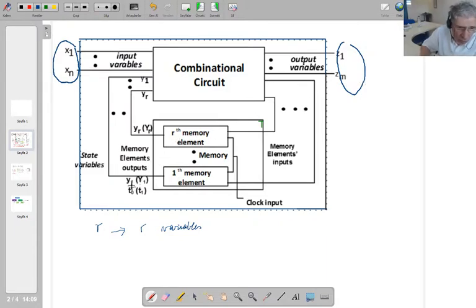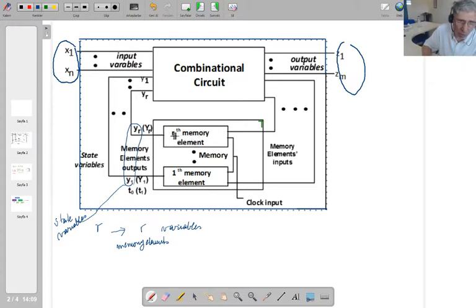These additional variables are called state variables. There are R state variables. That means R memory elements. So each state variable is represented with a memory element.